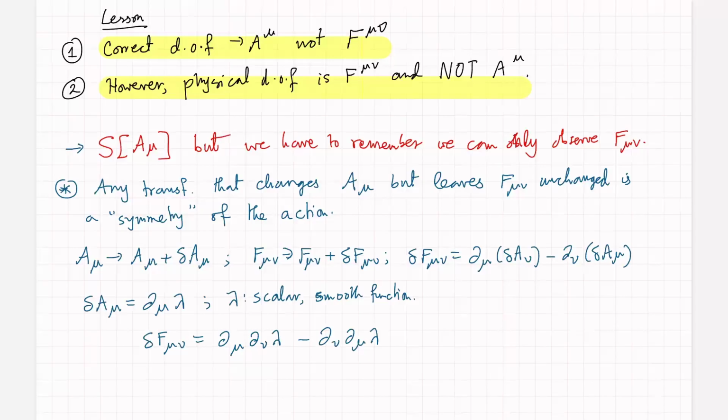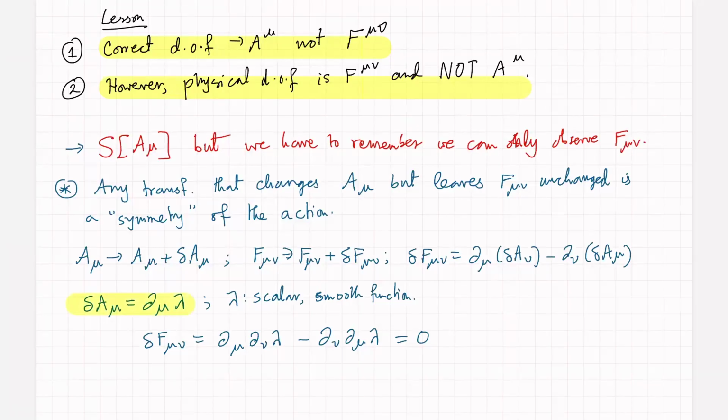And since partial derivatives commute, this is identically 0, irrespective of what lambda is, as long as lambda is a smooth function. Okay, so this transformation, therefore, has to be allowed as a possible symmetry of my theory.